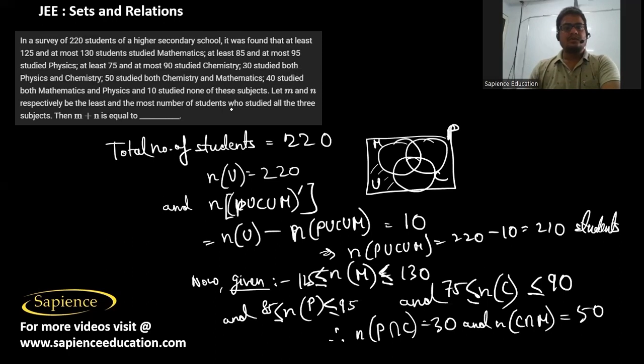Now we have to find the least and the most number of students who studied all the three subjects.